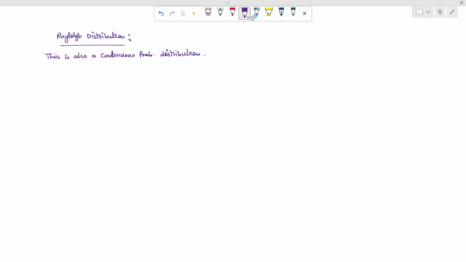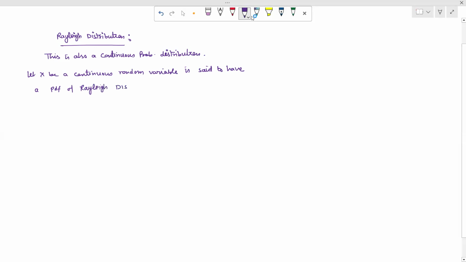So we define this as: let x be a continuous random variable. A continuous random variable is said to have a PDF of a Rayleigh distribution with the parameter.